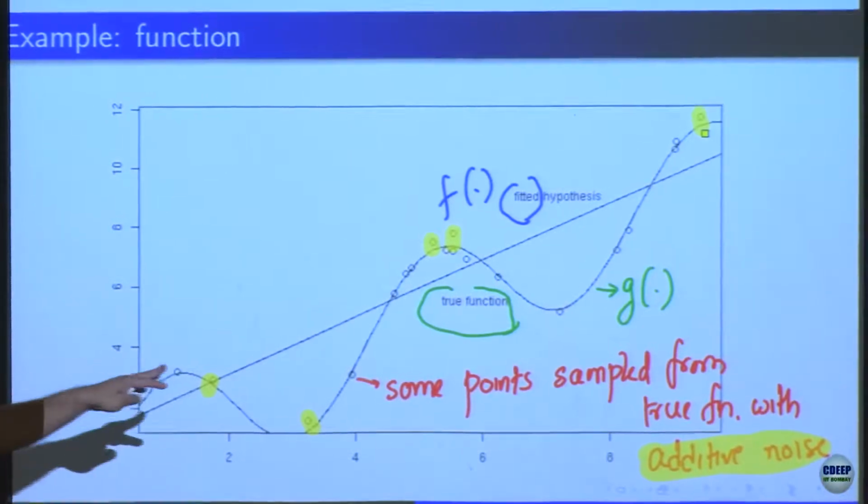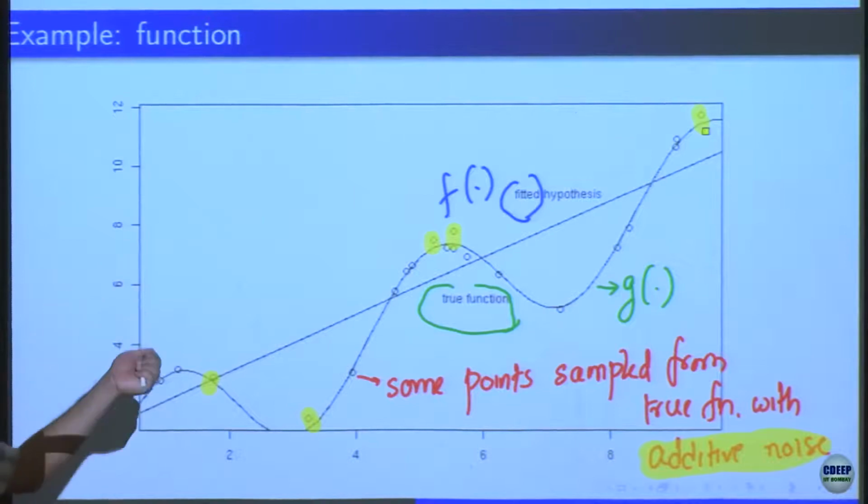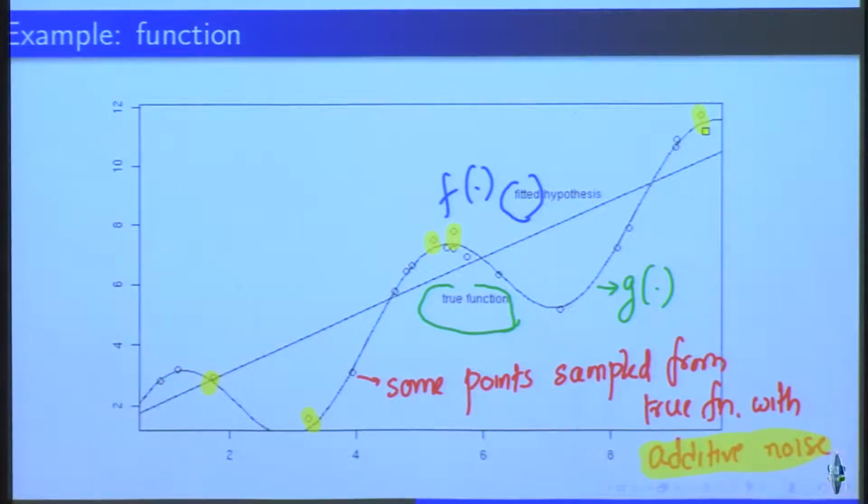So the three components here are the fitted hypothesis, the true function, and some deviation of the samples from the true function through the noise. Could be measurement noise, right? It could be recording noise, corruptions that could occur. Measurement noise could also be because of device imprecision. We will not get into that again. We gave the case of epsilon already.